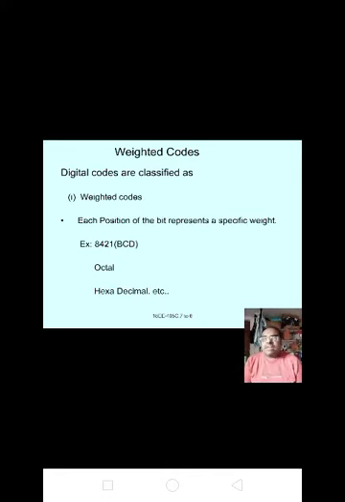Examples are 8421 code, that is BCD code, and octal code, hexadecimal. 8421 BCD, octal, hexadecimal.